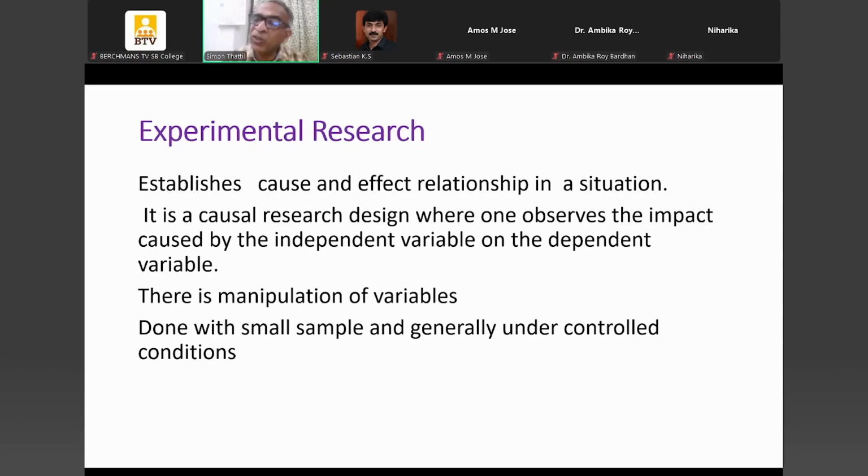Production of paddy is also influenced by insecticides, use of insecticides, or production of paddy is also influenced by irrigation. So how do you know that this production of paddy change that has happened is exclusively because of rainfall? If you can keep fertilizer, insecticide and irrigation constant, 100% constant, and in isolation study the impact of rainfall on production of paddy, then it is a perfect experimental design.